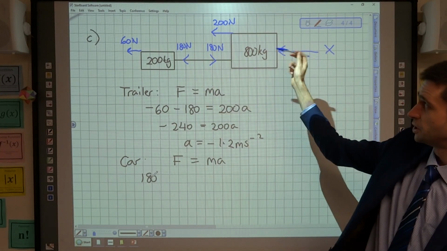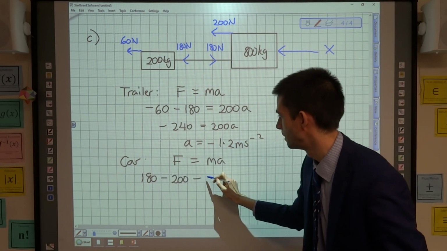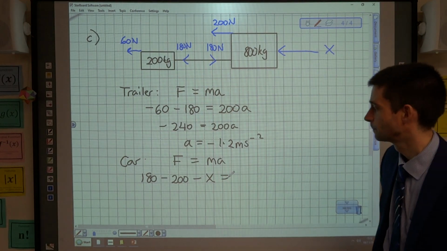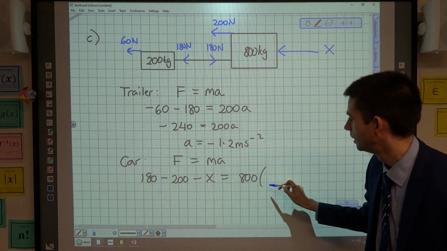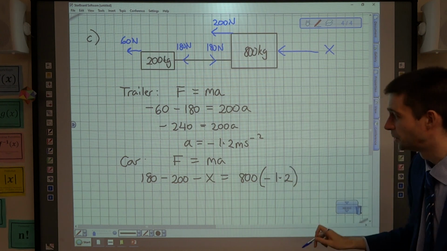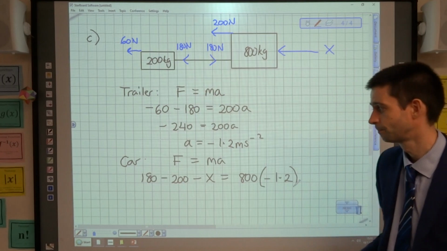But the other two forces are in the negative direction. So we've got minus 200 and minus x. Both those forces are going that way. Equals mass, now this is mass of just the car, multiplied by the acceleration, which is negative 1.2. And it's very important we use that negative there because the system is decelerating.